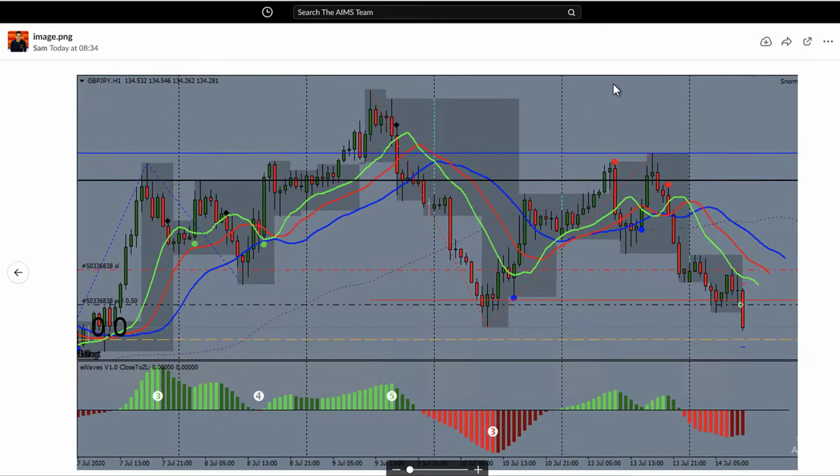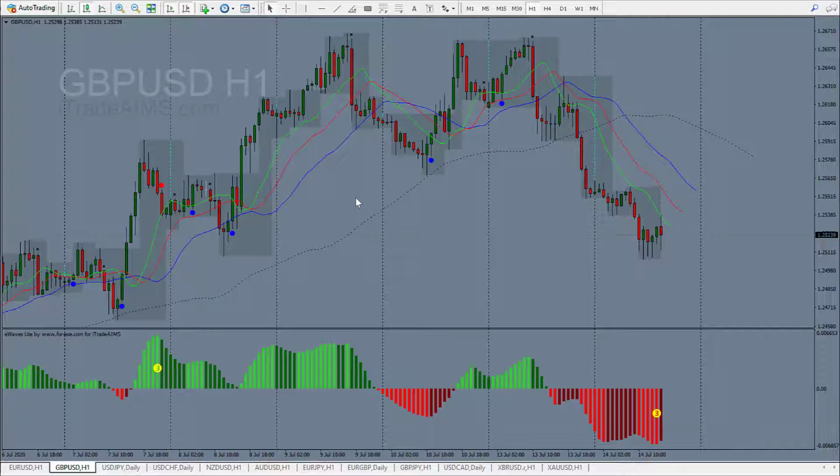I'm going to go to my chart, and what we see here is the pound dollar. What the pound dollar did was it moved down yesterday, and then look at these wicks, right?